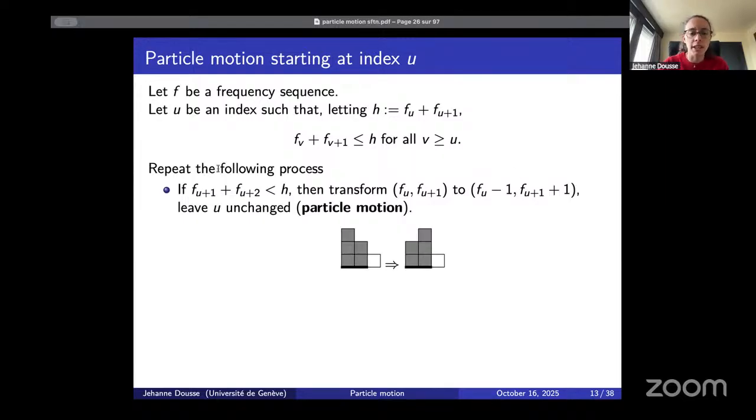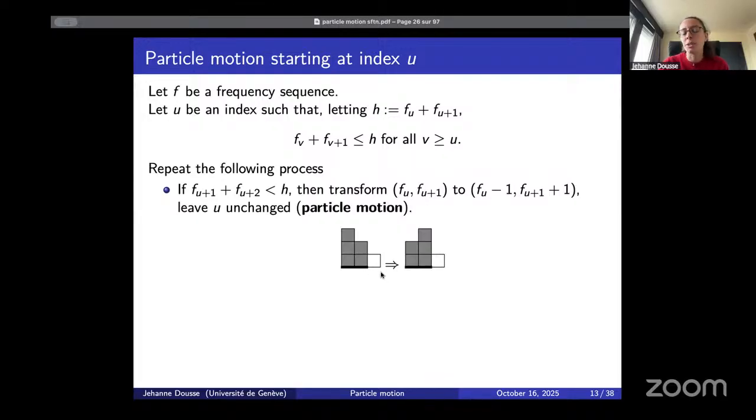So the first one is when, first, h here in this example will be 5, because u will be this index here. So we have fu, which is 3, fu plus 1, which is 2. So h is 3 plus 2 equals 5.